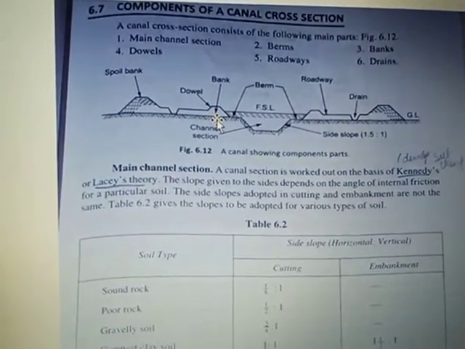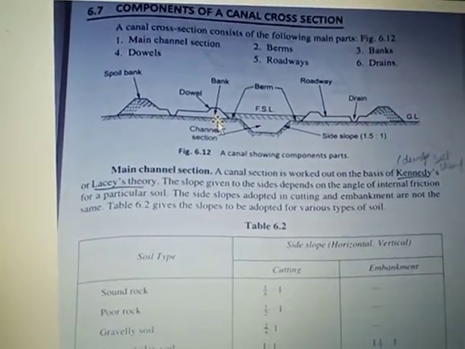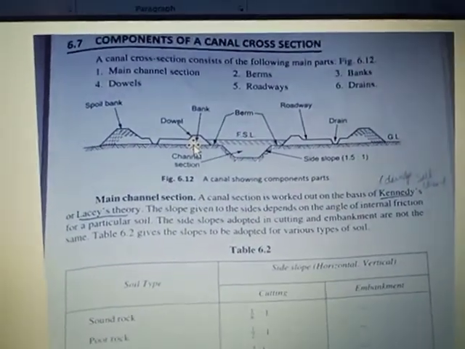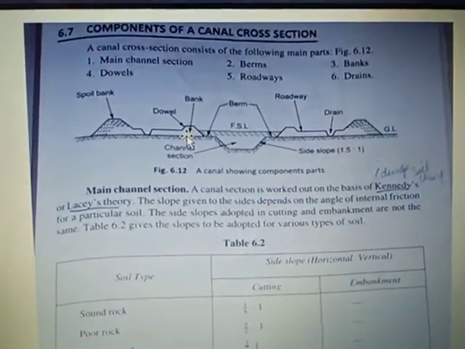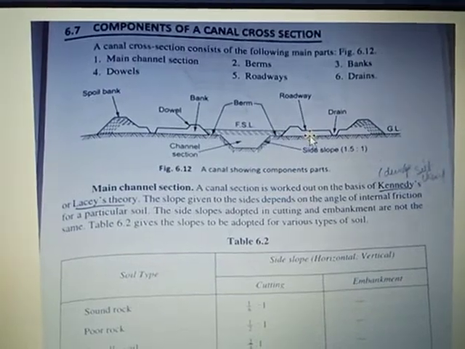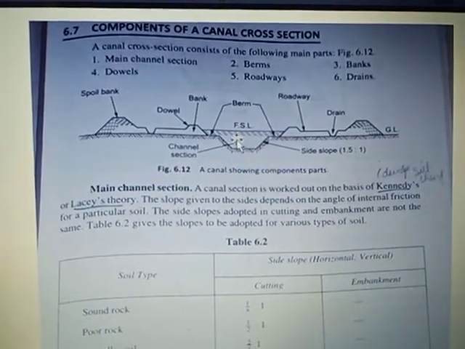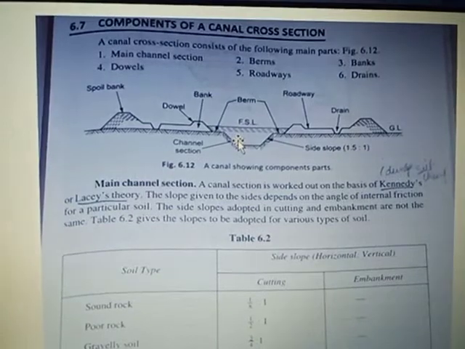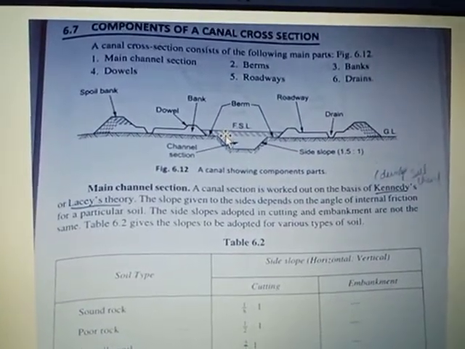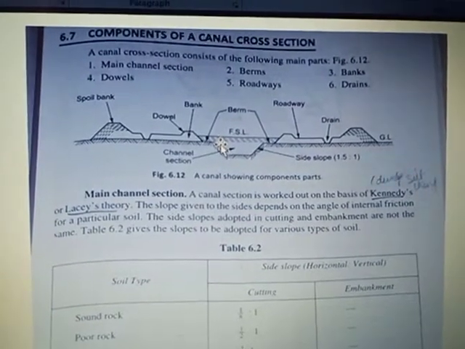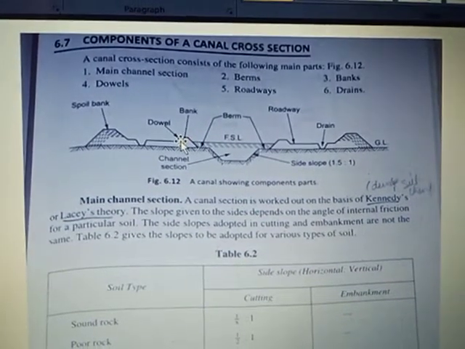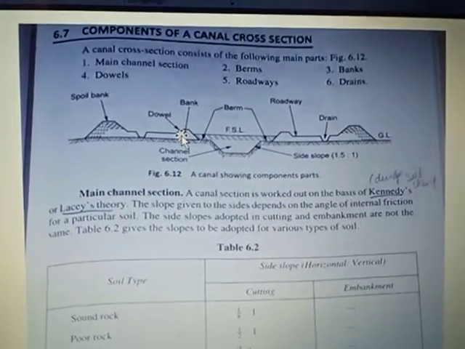Why are these banks made? From the diagram, you can see that these banks are provided on both sides of the channel section so that water can be stored here, even above the normal supply level up to the full supply level. That's why these banks are provided on both sides.